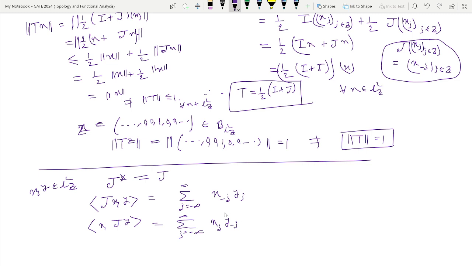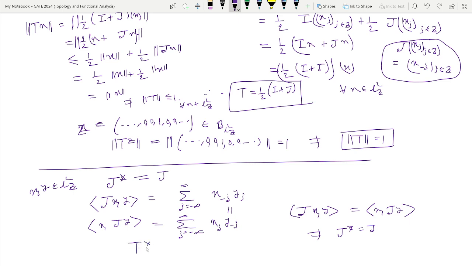And simply if we substitute j equal to minus k, we will get these two expressions equal. So the inner product of Jx, y equals the inner product of x, Jy, and that must imply that J is self adjoint, that is J star equal to J.